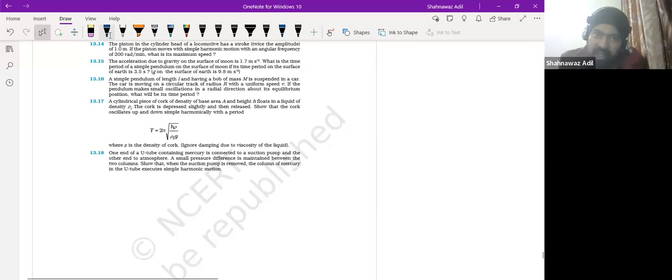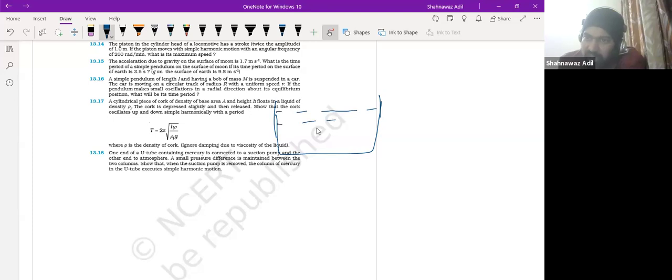We have this liquid, and you guys have seen that if you put some cork and you press it, it will come out, right? So we have to show that the cork will show a simple harmonic motion.